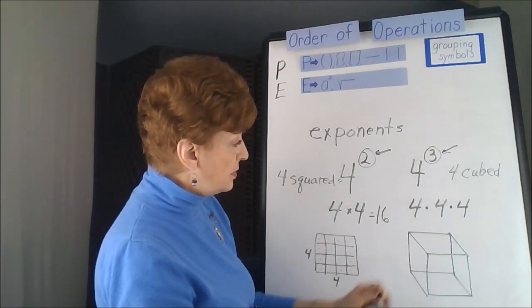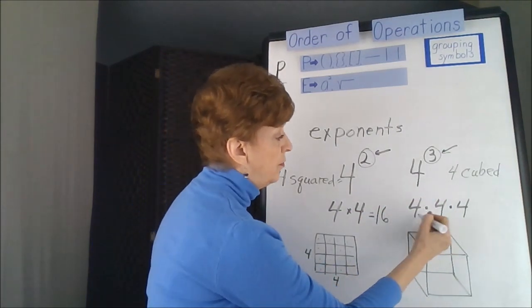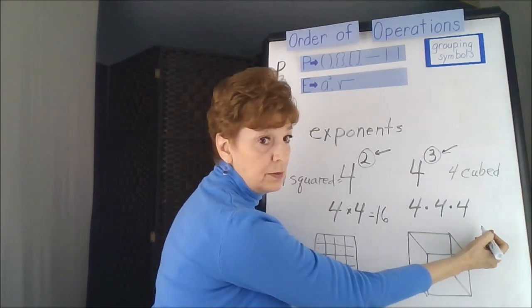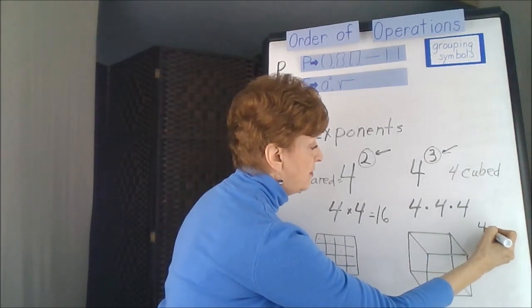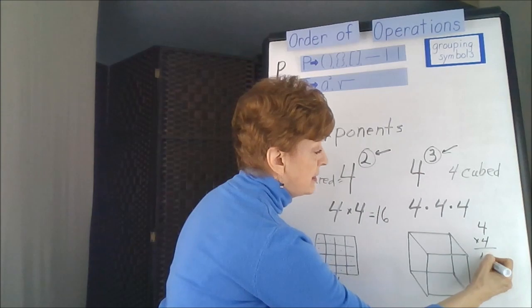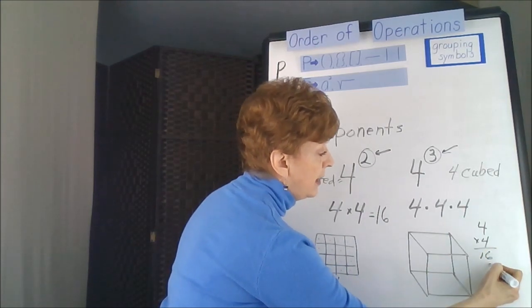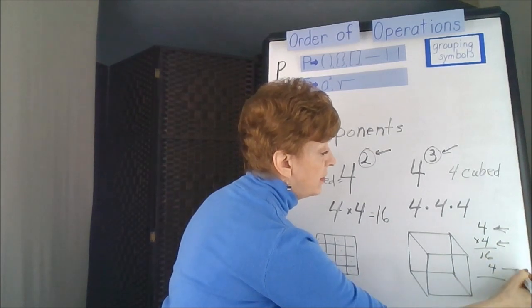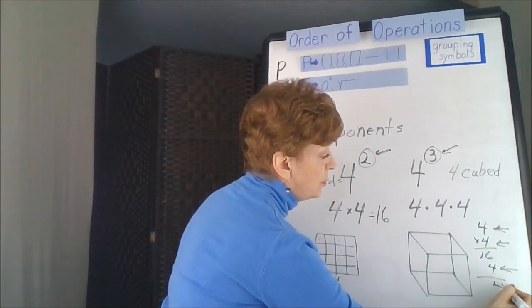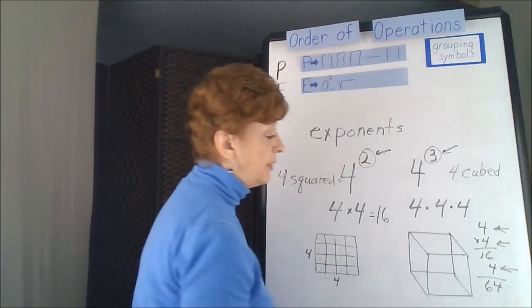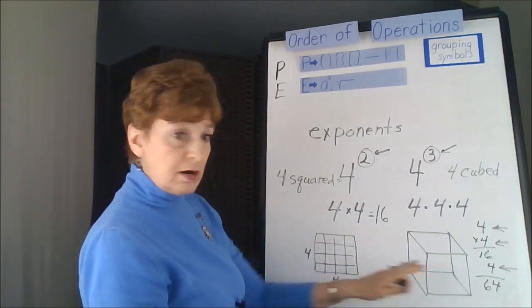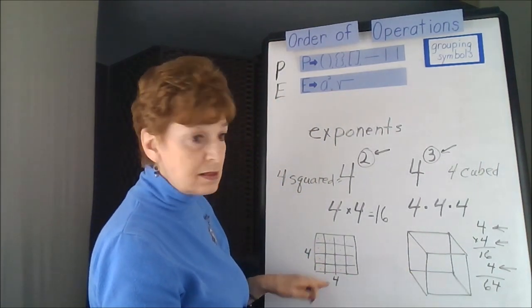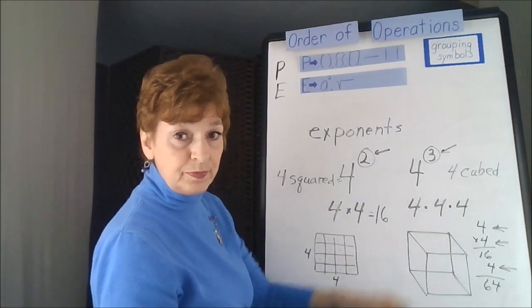So this cubed would be 4 times 4, which is 16, and then I have to multiply it by 4 again because I have 3 4s. Here's 1 4, 2 4s, and 3 4s. So that would be 64. I could get 64 of these small little boxes into the container.